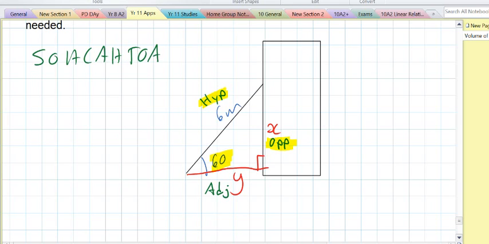Sine, good, because we have the opposite, the hypotenuse, and an angle. So if we're looking here, and we've got opposite and hypotenuse, then we're up here with sine. So we can say that sine 60 is equal to O over H, so opposite over hypotenuse, which will be X over 6.